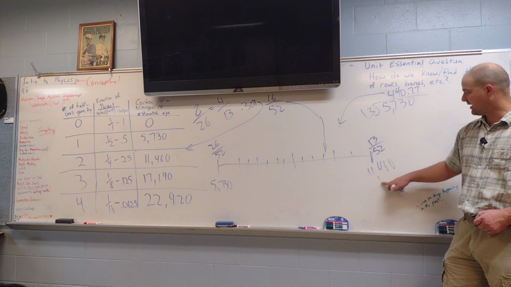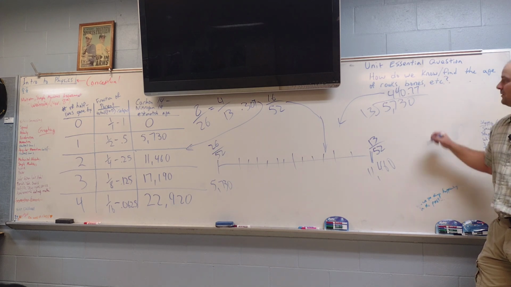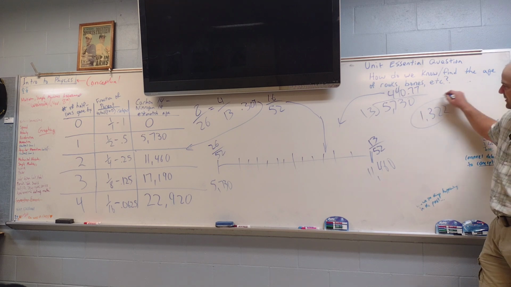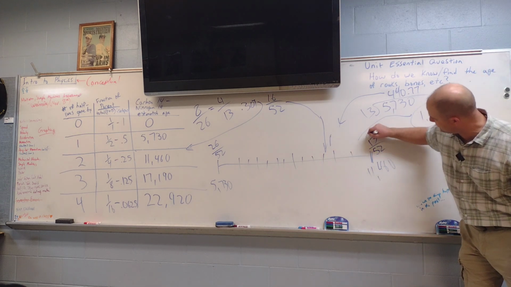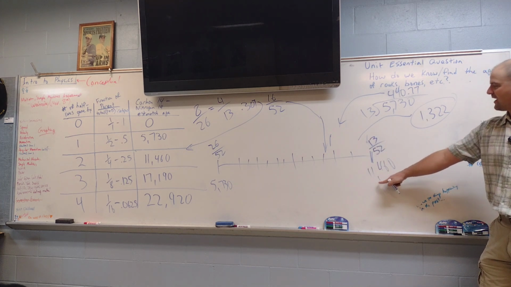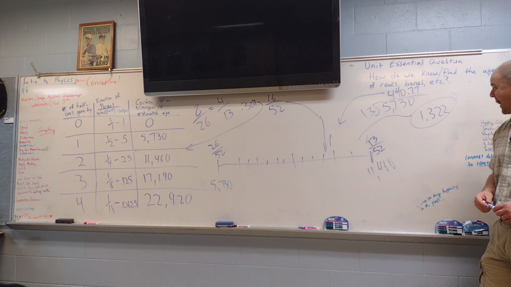So we'd take 441 times 3, right? Okay. So 441 times 3 is 1,322. So this is from here to here, yes? So what is 11,460 minus 1,322? You're off by one number, because of rounding?